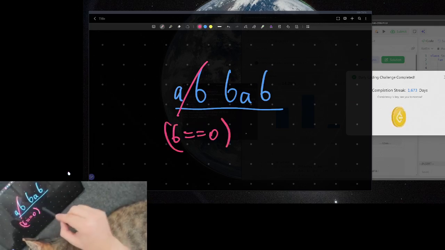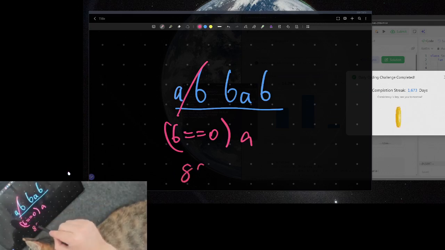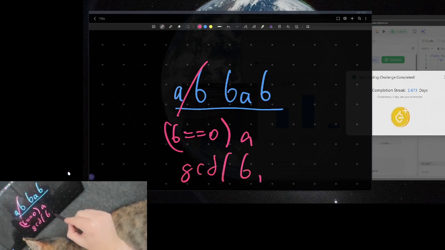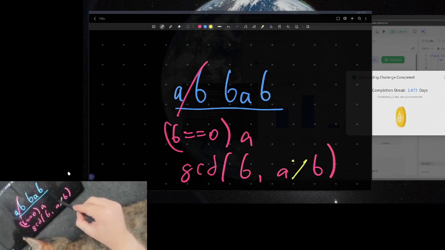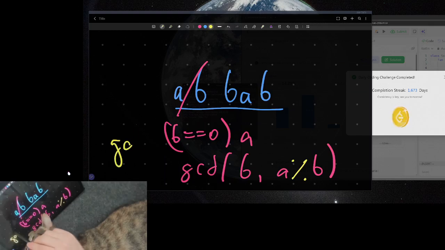And if it's 0, just return A, and else return recursively GCD of B, A mod B, and insert this percent sign just to make it a reminder. So this is the function GCD.